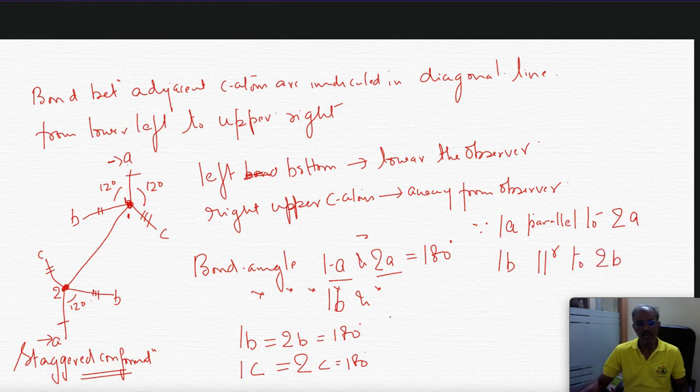Fine. And similarly, 1C is parallel to 2C. So 1A is parallel to 2A, 1B is parallel to 2B, and 1C is parallel to 2C. Right? So this is about the staggered conformation. Now, the other type of conformation in this Sawhorse projection is eclipsed conformation.